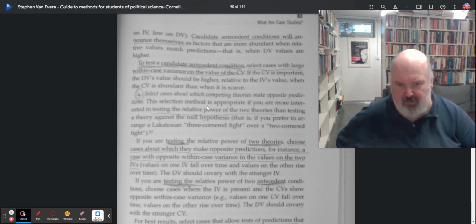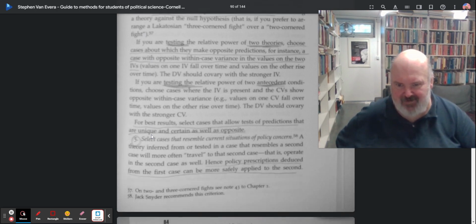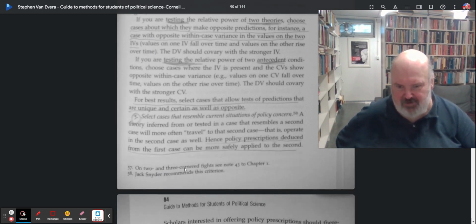This selection method is appropriate when you are more interested in testing the relative power of two theories than testing a theory against the null hypothesis. That is, if you prefer a three-cornered fight over a two-cornered fight. Read note 43 in chapter 1.